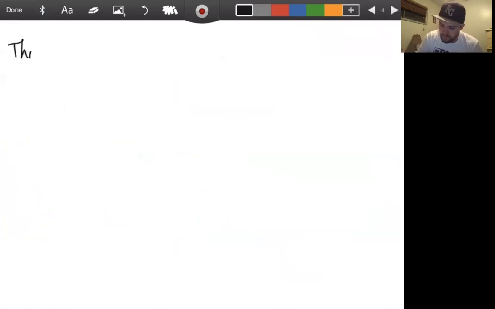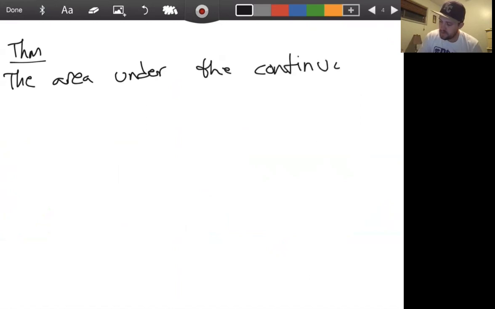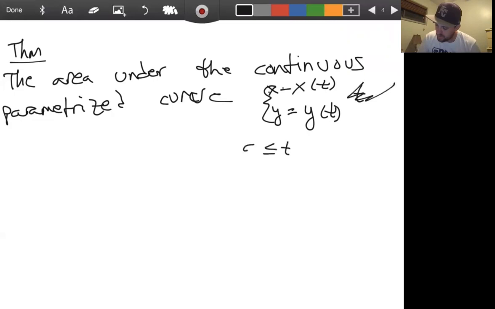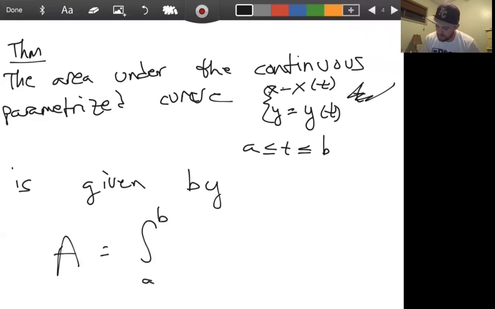So let's go theorem. The area under the continuous parameterized curve x equals x of t, y equals y of t, for t between a and b, is given by A equals the integral from a to b of y of t times x prime of t dt.